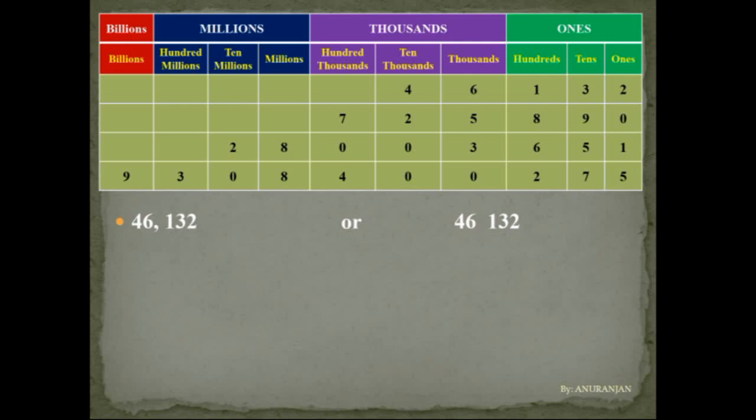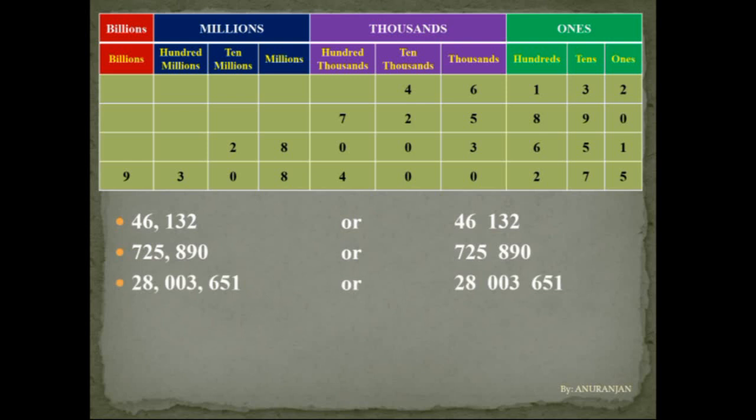Then next number, 725. They'll form a group, so we'll write 725, then we'll put a comma, and then 890, or we can leave a space. Similarly, the next number we have 28, which is in the millions group, so after that we'll put a comma. Then we have 003 in the thousands place, so we'll write 003 in the thousands place, and then we'll put a comma. Is it clear?